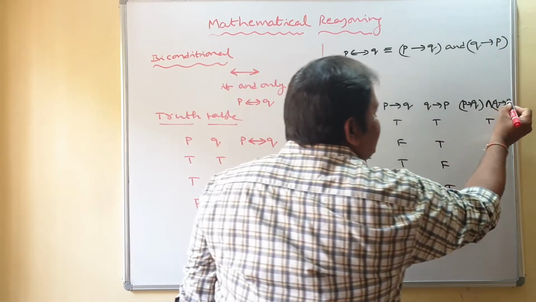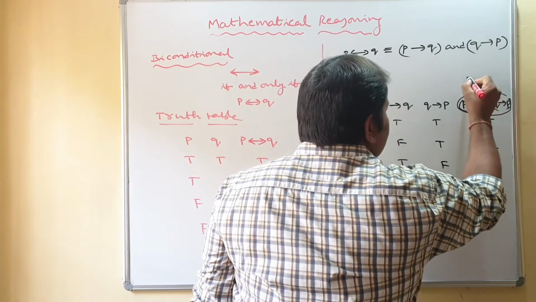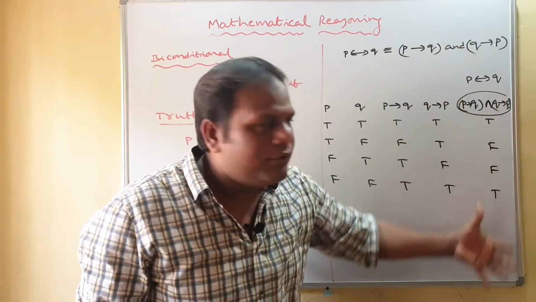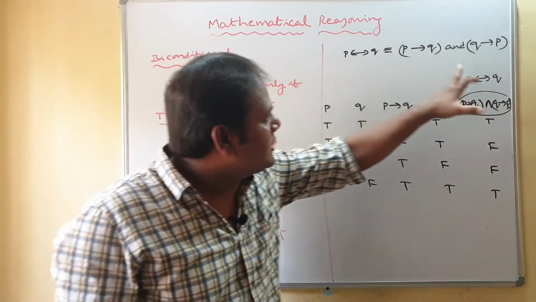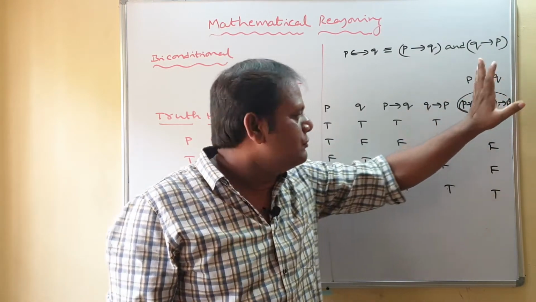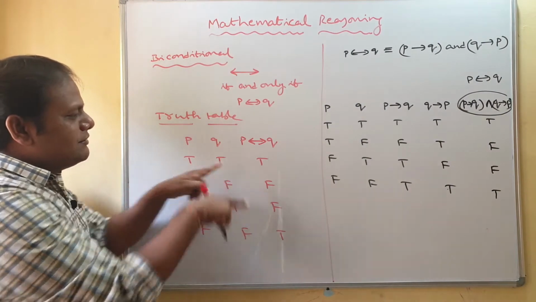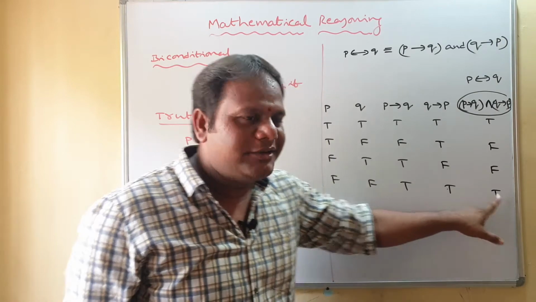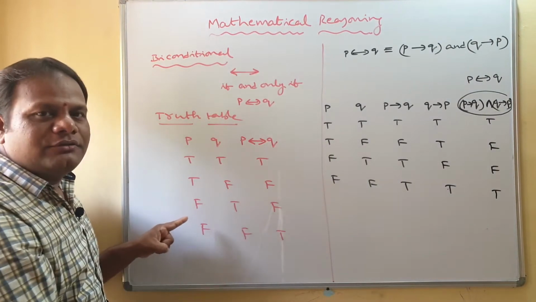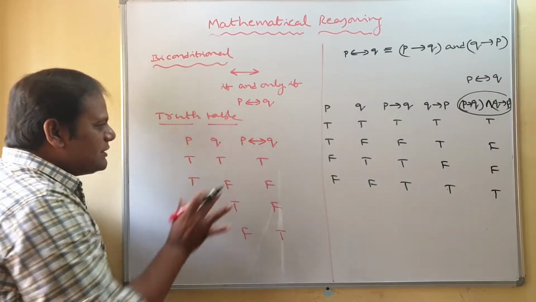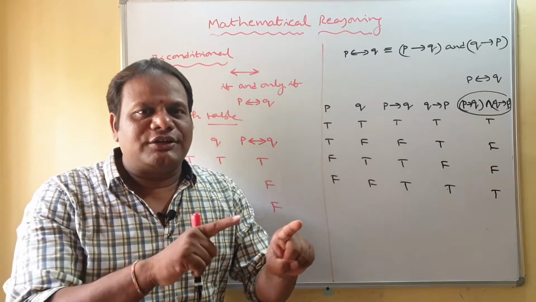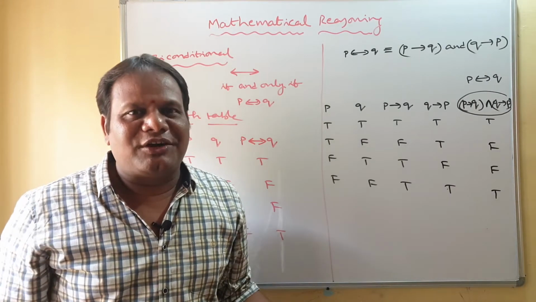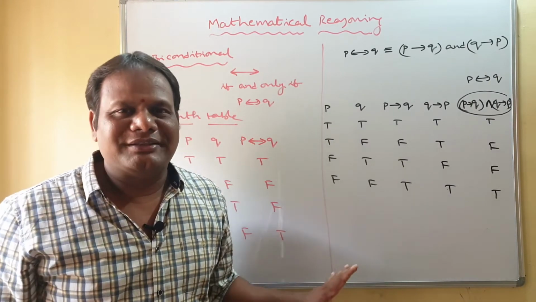This is equivalent to P if and only if Q. So the truth table for biconditional is: TT is T, FF is also T, and remaining cases are false. So you remember that for biconditional, both true is true, both false is true, and remaining cases are false. Just remember that.